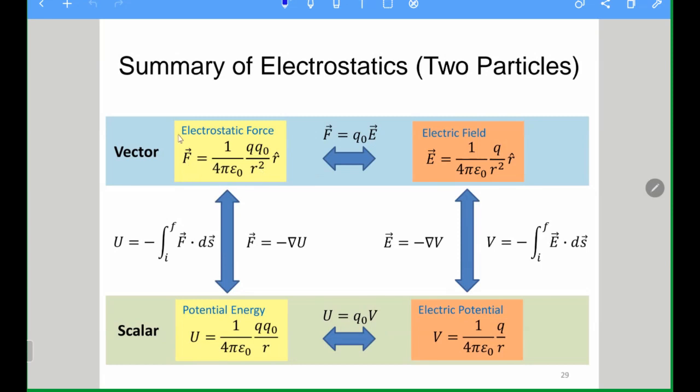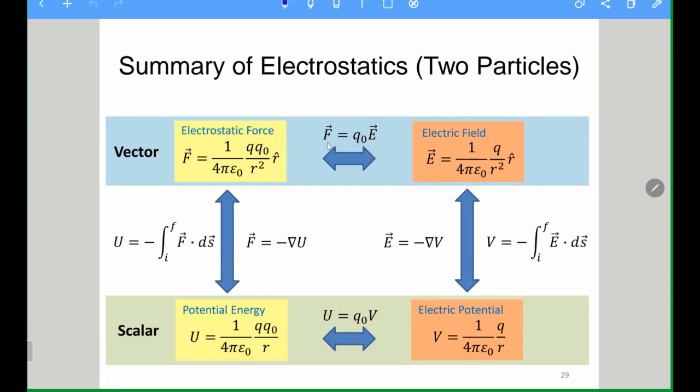So first of all, when you consider the first row, we have vectors. This is force. Force is a vector. E field is also a vector. So in this sense, the relationship between the force and the field is F equals Q0E. We have learned it in chapter 22 at the very beginning.